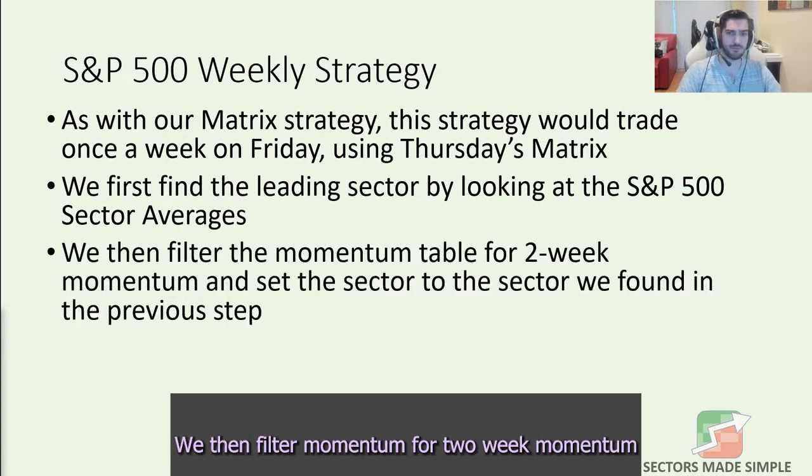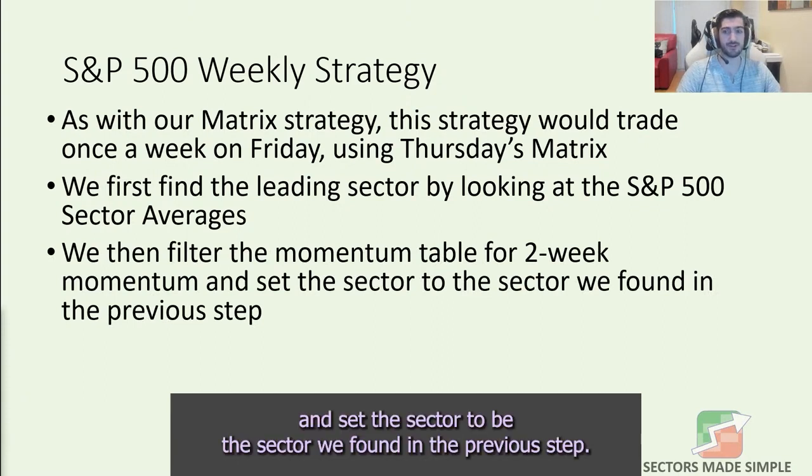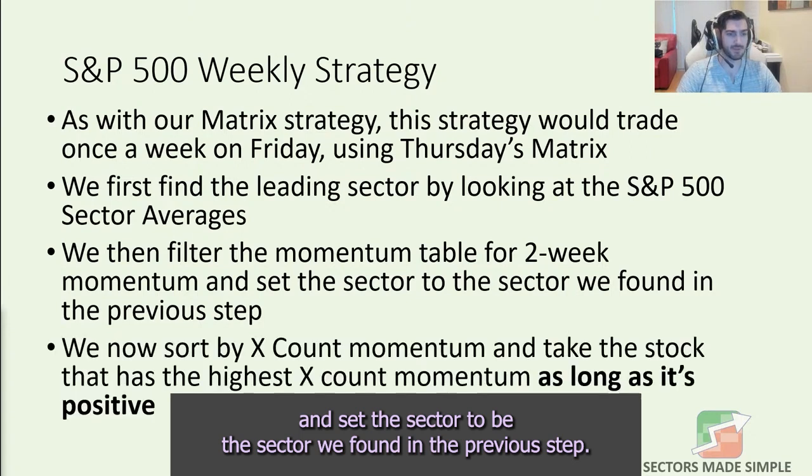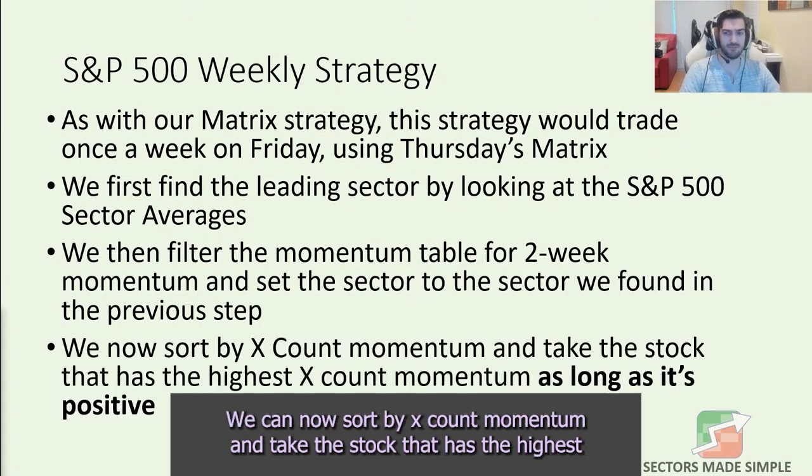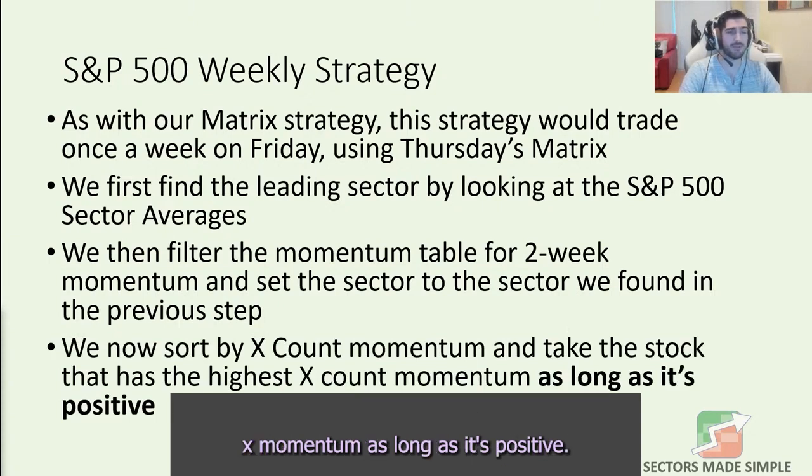We then filter momentum for 2-week momentum and set the sector to be the sector we found in the previous step. We can now sort by X count momentum and take the stock that has the highest X count momentum as long as it's positive. This seems a little confusing, but again, let's step through what it is.